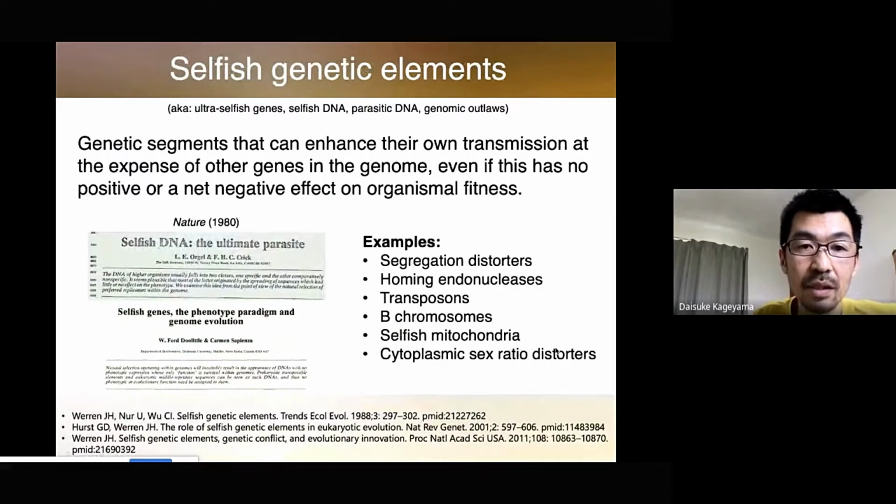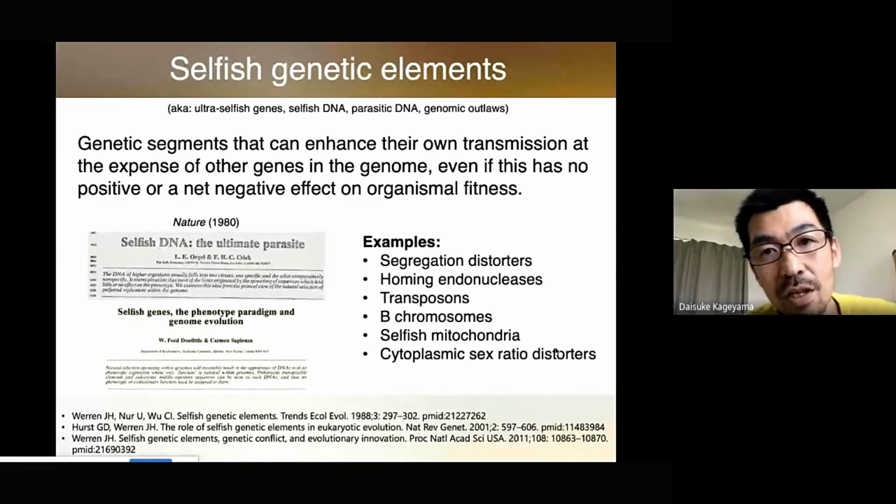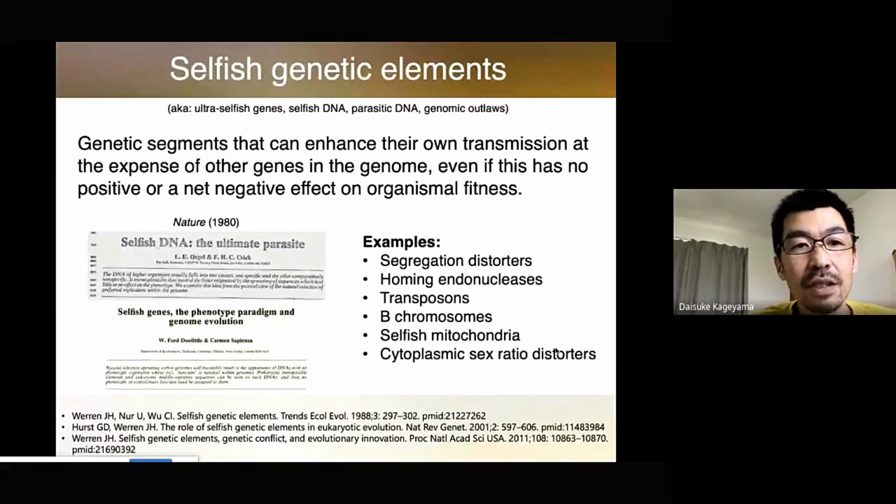So now I'm going to talk a little bit about the selfish genetic elements. Selfish genetic elements are genetic elements that can enhance their own transmission at the expense of other genes in the genome, even if this has no positive or negative effects on organisms. This idea was first explicitly stated in Nature in the same issue in 1980.